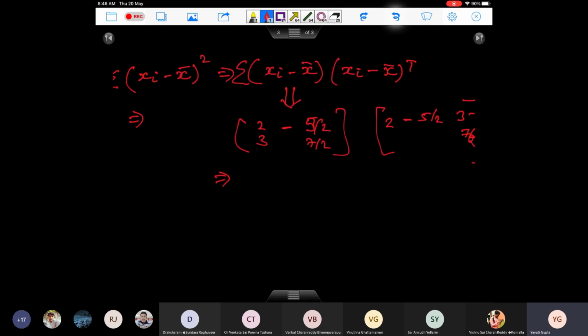So xi minus x bar is going to be a row vector now of size 1 cross 2. With each entity, you'll be subtracting the mean. And this is now going to be a column vector. Sorry, again, I'm making the same mistake.